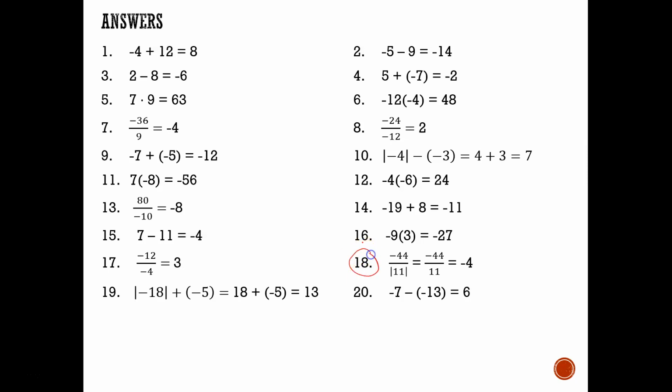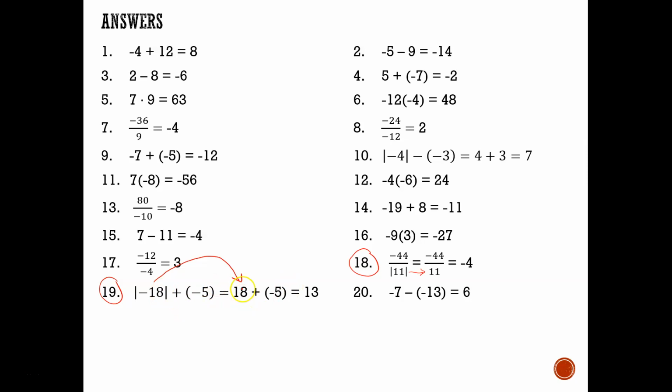Look at 18. It had the absolute value of 11 in the denominator. So when you take that absolute value, that turns to positive 11. The bars come off, and then you're doing a negative divided by a positive, making a negative answer. And 19 also had absolute value in it. So the first step is to take the absolute value, and that gives you that positive 18 right there.